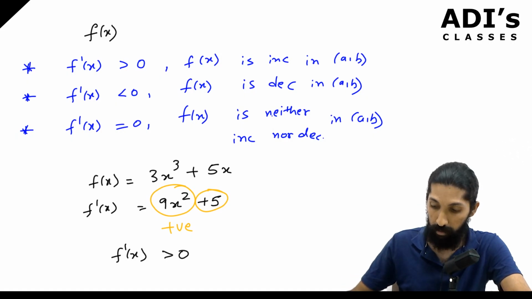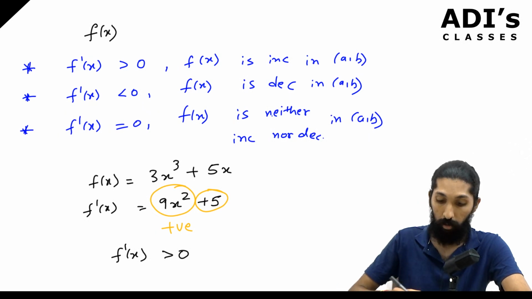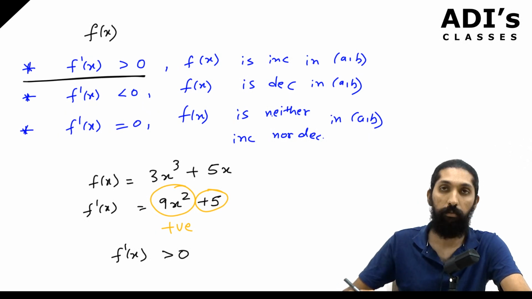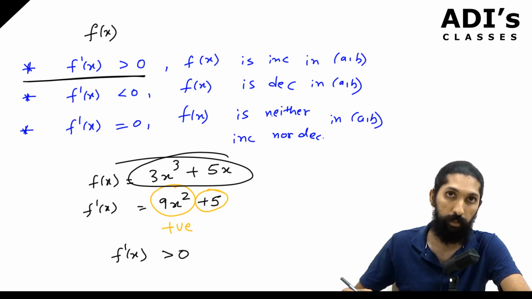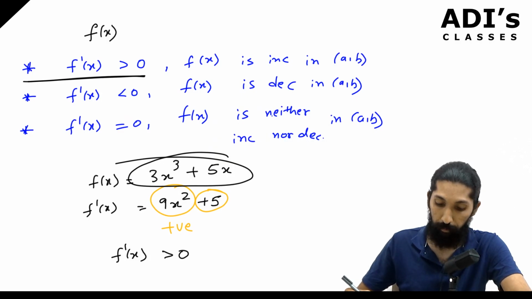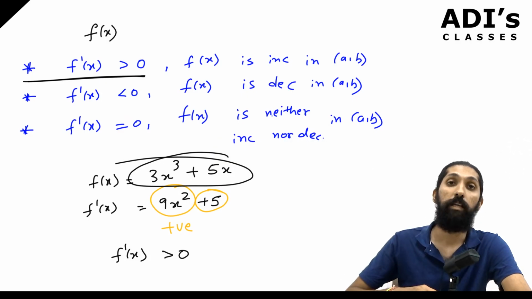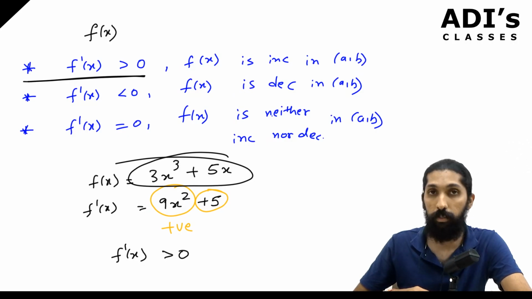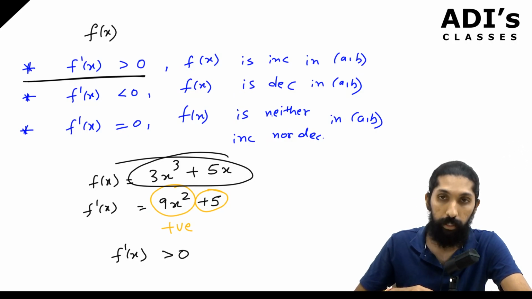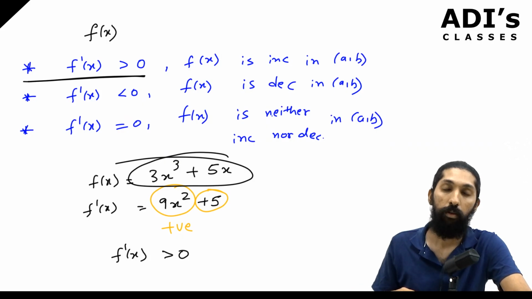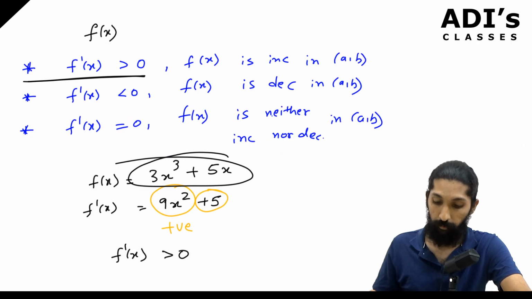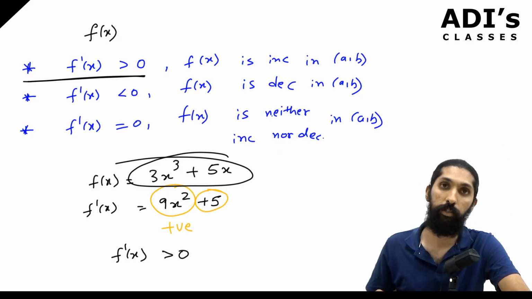So since f dash of x is greater than 0, according to that statement, f of x, that is nothing but this particular function, is an increasing function, because when you differentiated, you calculated that f dash of x is greater than 0. So this particular function is an increasing function.